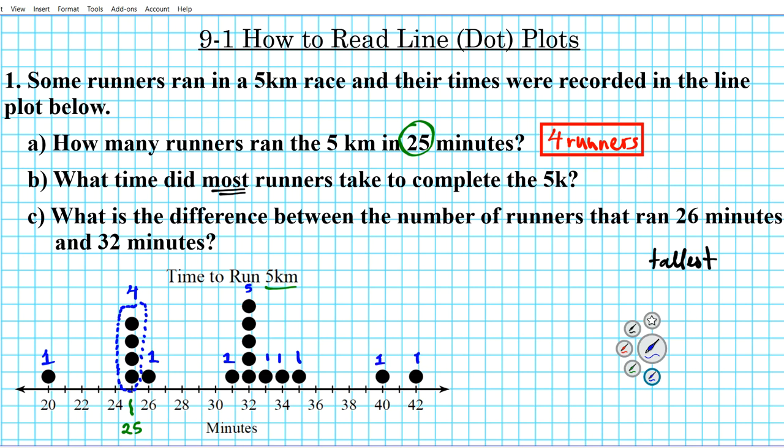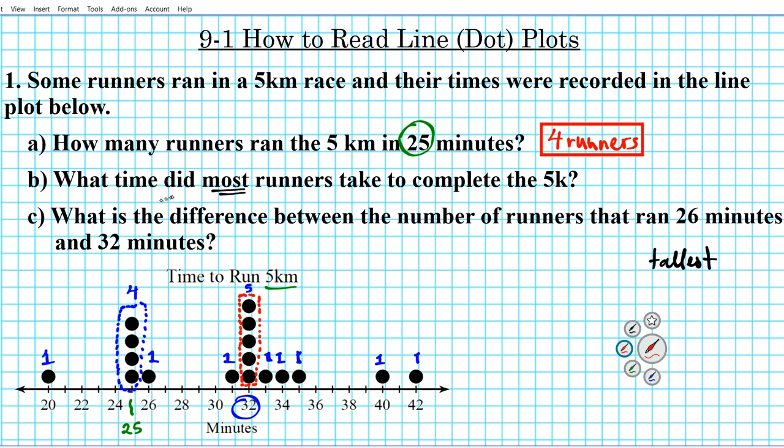Just by looking at the points graphically, you can easily see that the data point 32 is the tallest stack of points. Just by observation alone, you can tell that this is the time that most people spent, because it has the most frequent occurrence.